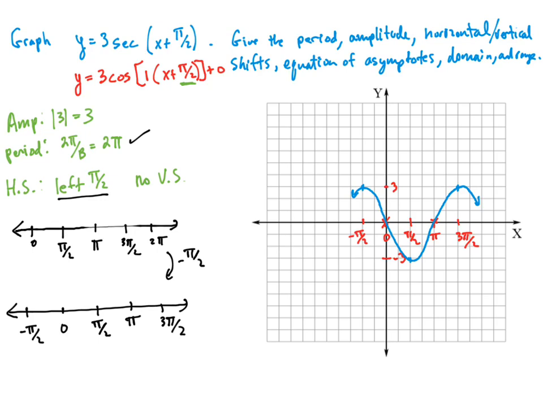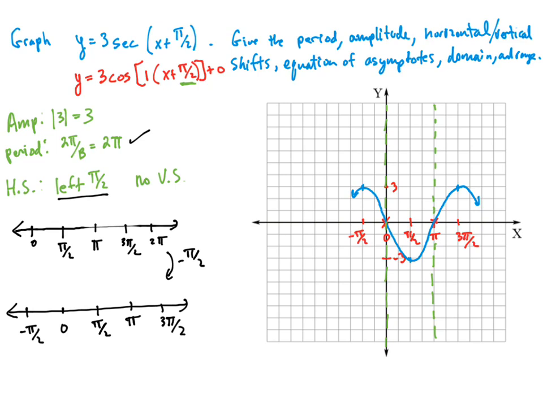Once we have the cosine graph in place, we can start thinking about what the secant graph looks like. So what we want to do is graph the asymptotes. And remember, the asymptotes are wherever the graph of cosine crosses the horizontal axis. In other words, when is cosine equal to 0? It's at those positions.